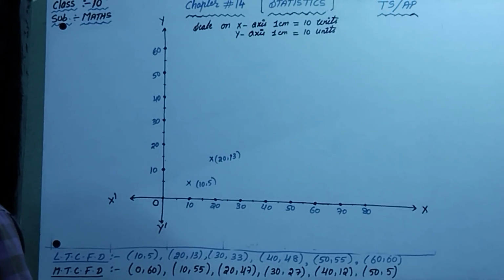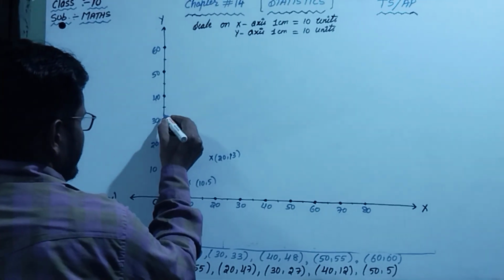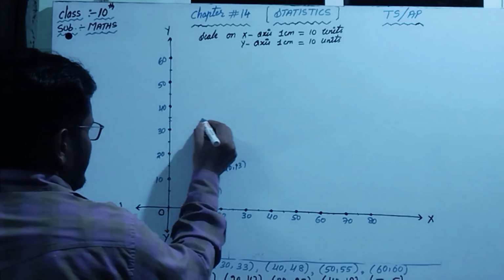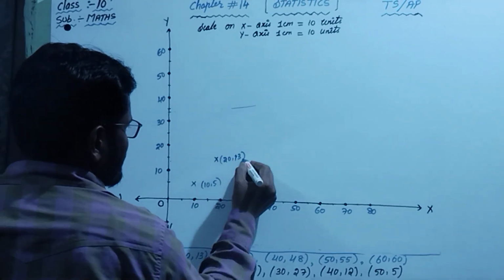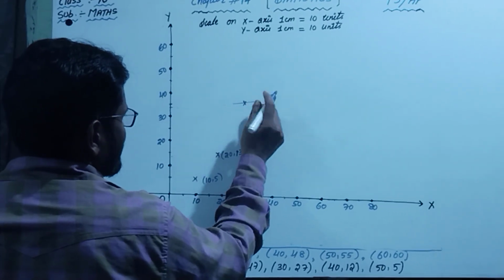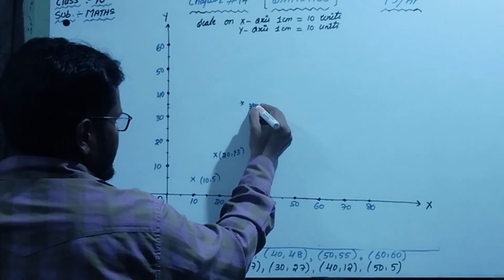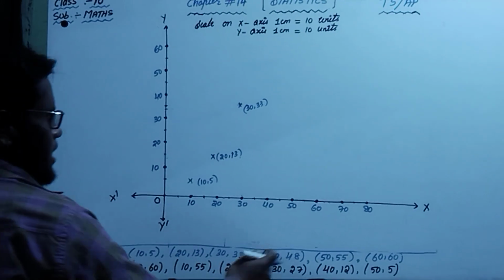The next point is 30, 33. Here 30 having 33: 30, 31, 32, 33, 34. Here 33 and here 30. This point is 30, 33. Okay, the next point is 40, 48.